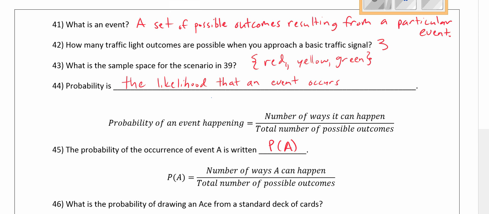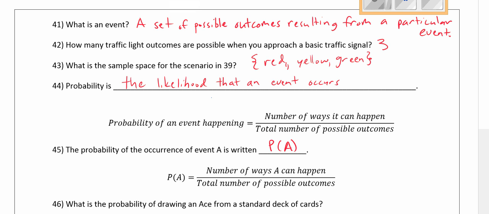So, again, rolling an even. Well, then the event rolling an even would include possibly getting a 2, possibly getting a 4, possibly getting a 6. So an event can include several outcomes. An event just defines the nature of the outcome.